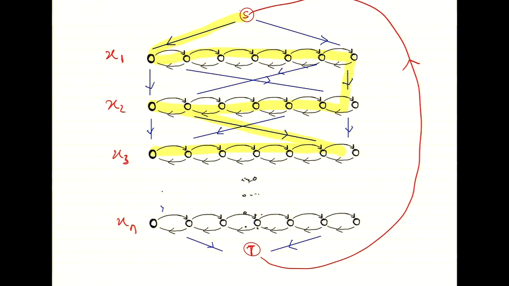So this graph has this property that if you look at its Hamiltonian cycles, there are 2 to the n different Hamiltonian cycles, and they somehow correspond to 2 to the n different assignments. Because in each row you can see whether it is going left to right or right to left. That in our encoding means x1 is true or false. So that's a key property.